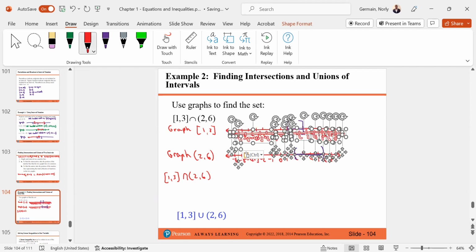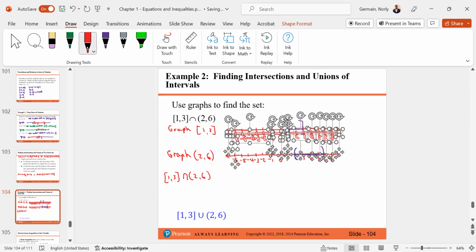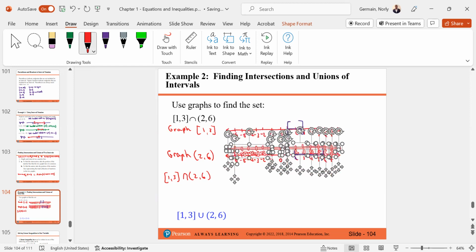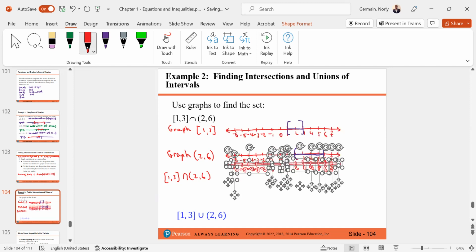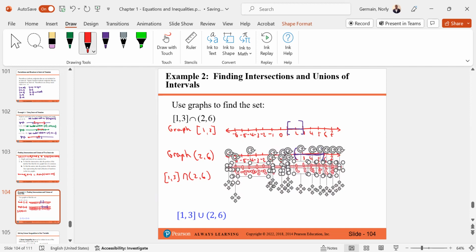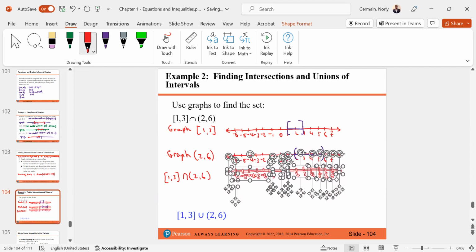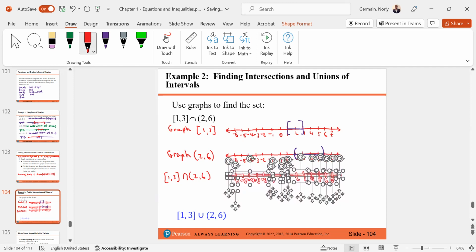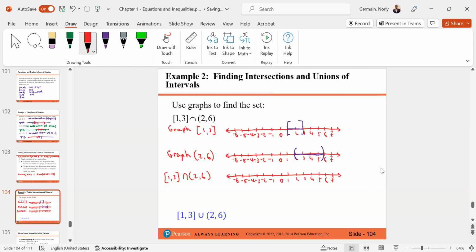I like having them all on the same line, that's why we're going to go down there and put it for the interval right there.